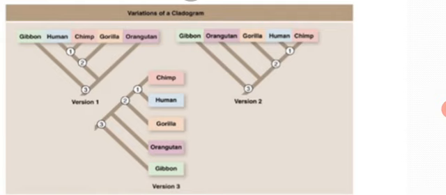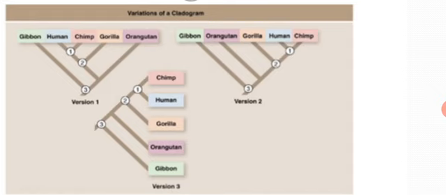And in version 2, here there is a basal branch from which three simple radiations you can observe. The basic ancestor here is chimp, from which three parallel lines originate. One leads to human, another leads to gorilla, another leads to gibbon, in between which arises orangutan.